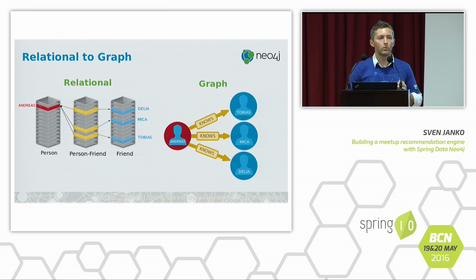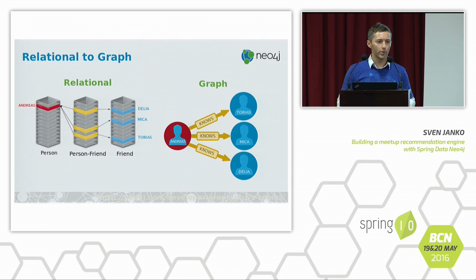So once you decided to use a graph database, you need to think about transforming the data which you have in your application so far. This is when it comes to transforming, for example, relational data to a graph database.